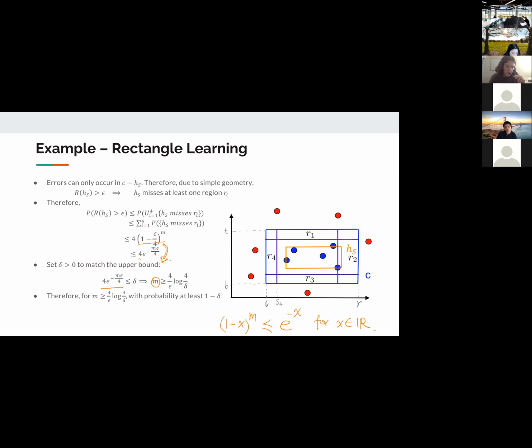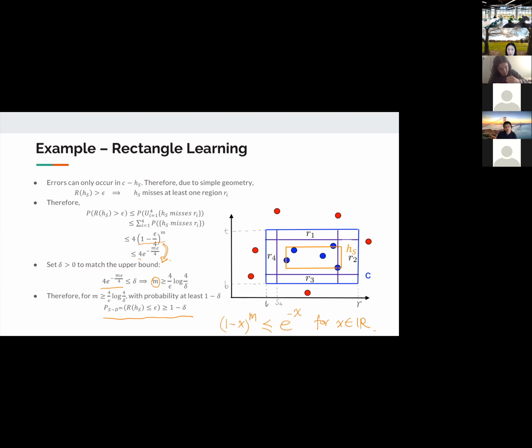And for m greater than this quantity, with probability at least 1 minus delta, the probability of the error being smaller than epsilon is greater than 1 minus delta. So that's essentially the proof that the axis-aligned rectangle is a PAC learnable concept class.